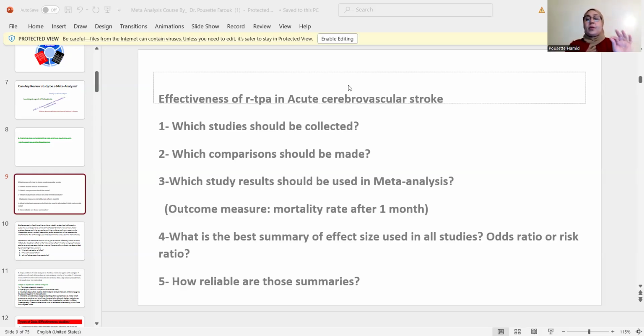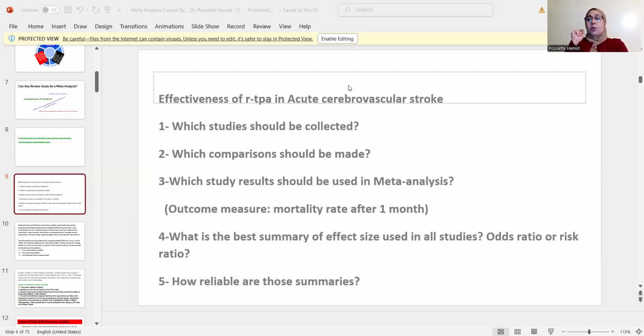So here, Aditi, we are just giving an example about the effectiveness of rtPA. This is my topic, as if I'm choosing this topic to start a meta-analysis from the beginning. So what are the steps that I should proceed with step by step? Number one, I choose a topic, which is the effectiveness of rtPA in acute ischemic cerebrovascular stroke, hyperacute cases.